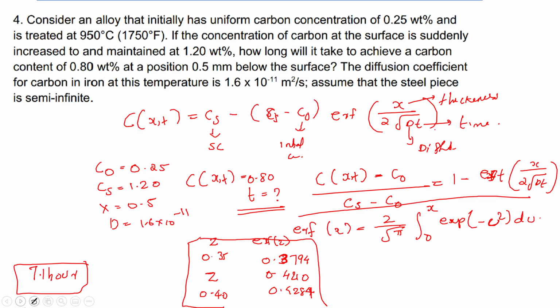By doing this, I am getting 62500 divided by square root t.